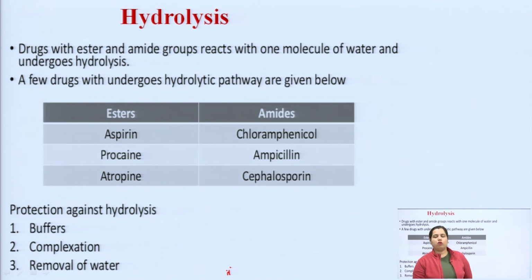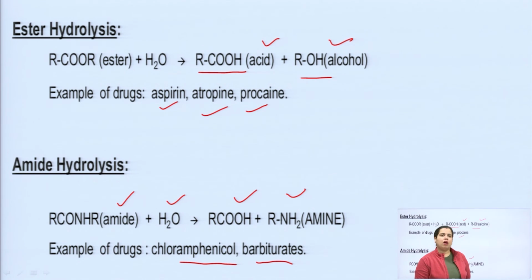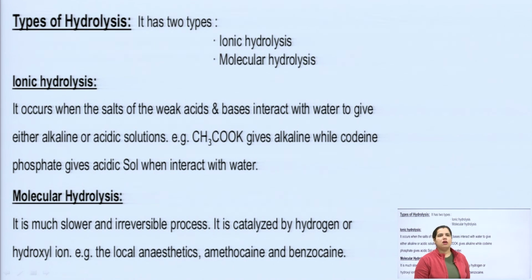In such cases, buffers, complexation and removal of water are the preventive measures which need to be adopted. Hydrolysis is of two types: ester hydrolysis and amide hydrolysis. Types of hydrolysis also include ionic and molecular hydrolysis.